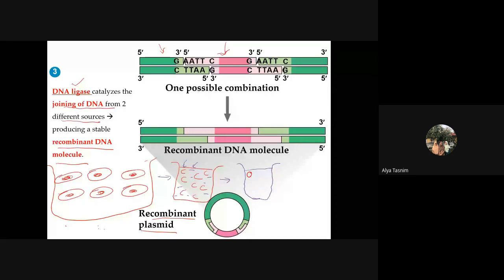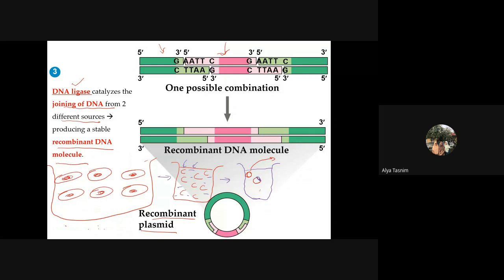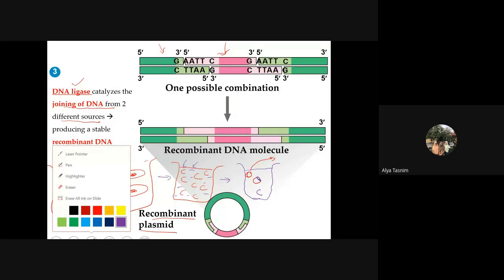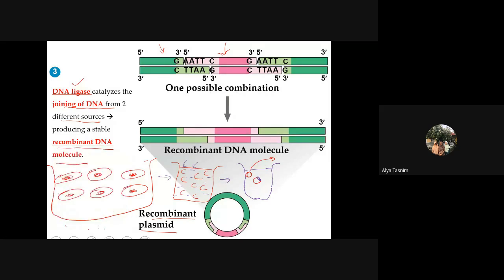So this is one possibility: the plasmid joins back together without taking any foreign DNA. Or it takes up the foreign DNA. So those are the possibilities. Some plasmids take up foreign DNA, some plasmids just rejoin.